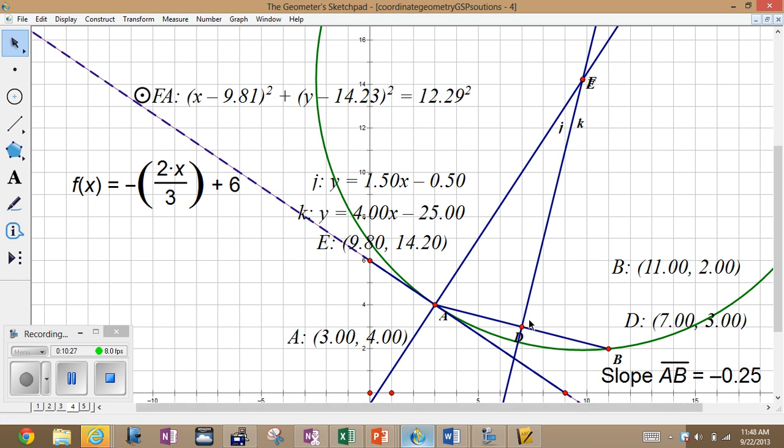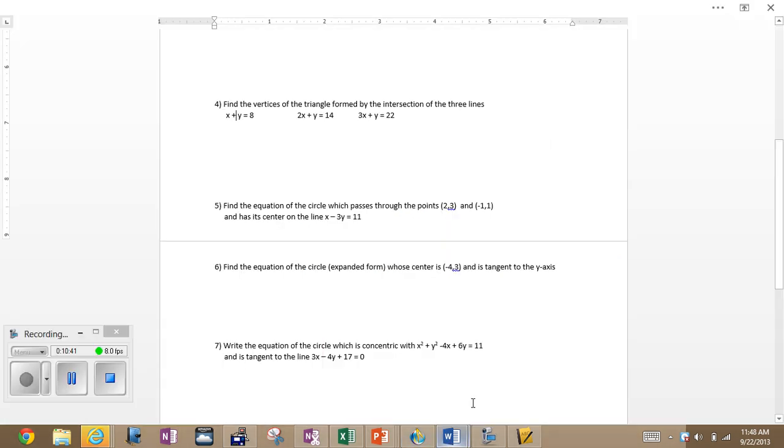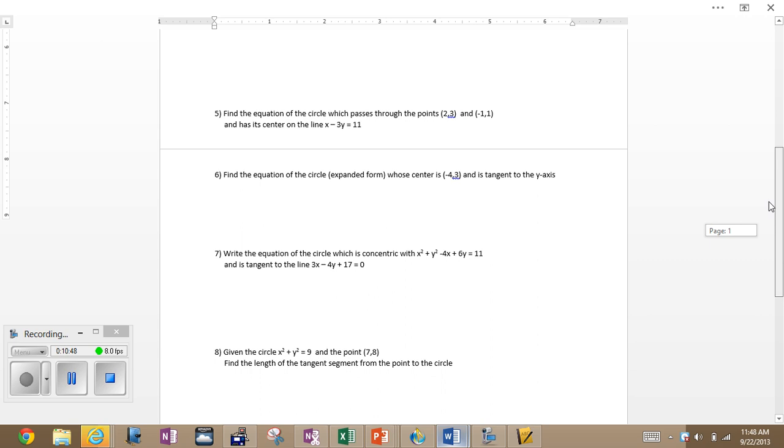Again, you're effectively finding the equation of the perpendicular bisector of a chord and its intersection with some other line that contains the center. That should give you a go-ahead procedure for these, and we'll talk about the back page of those in the next video.